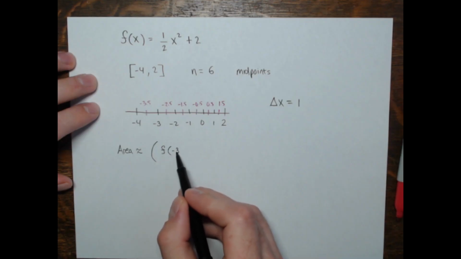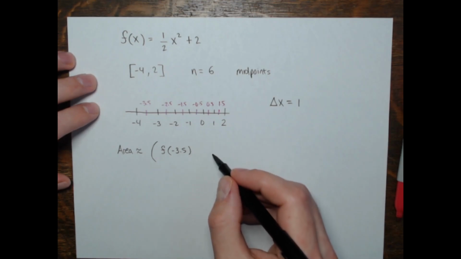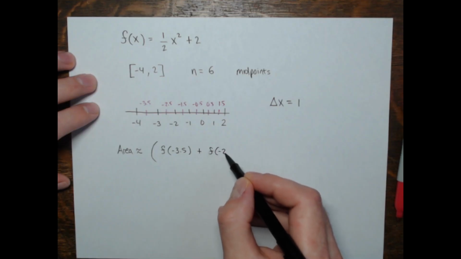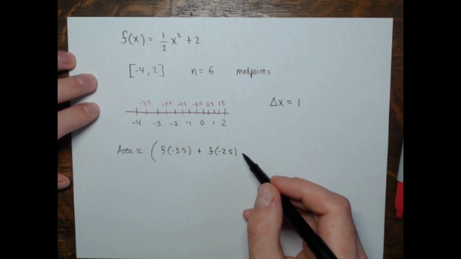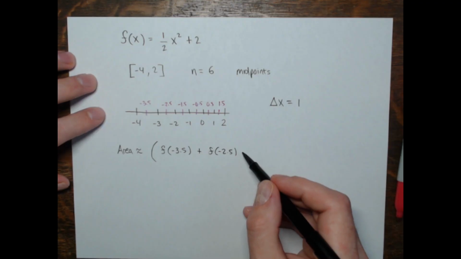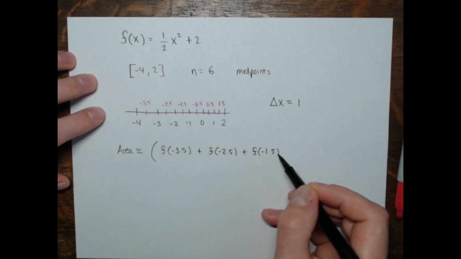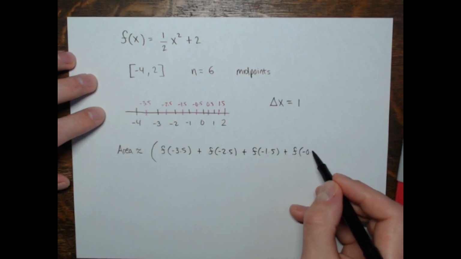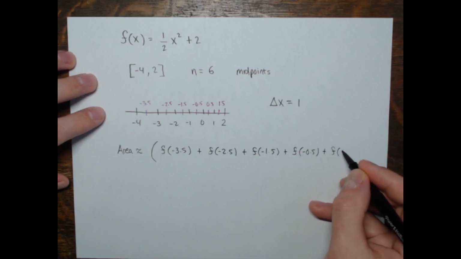So f at negative 3.5 plus f at negative 2.5. I'm just trying to think if there's a quicker way to do this, but keep writing it out. f at negative 1.5 plus f at negative 0.5 plus f at 0.5 plus f at 1.5, right? These 6 inputs.